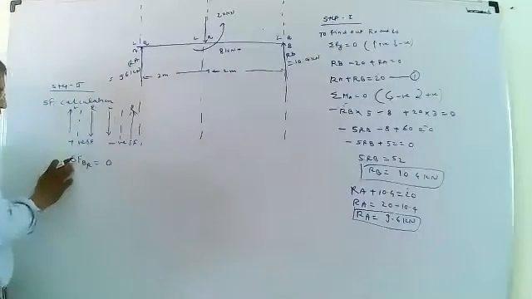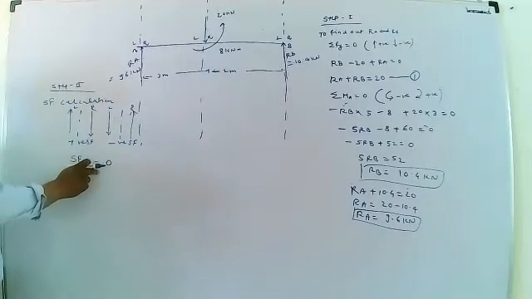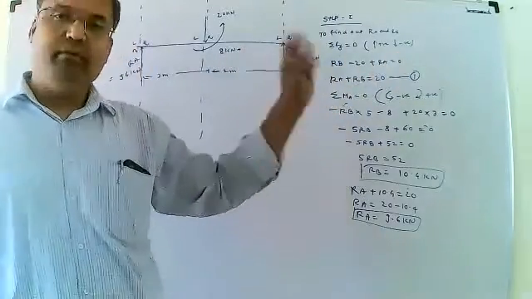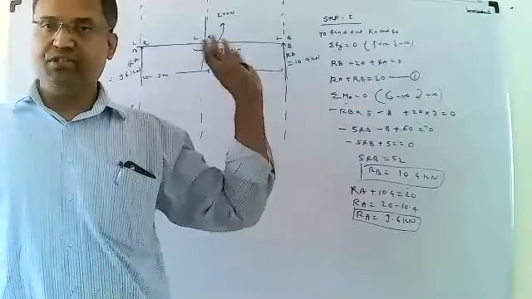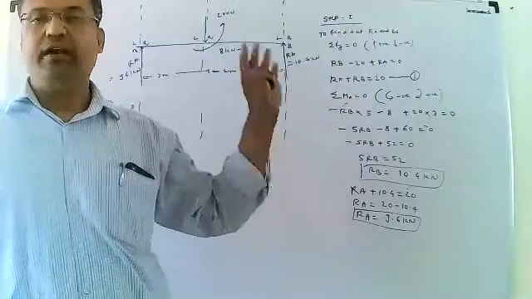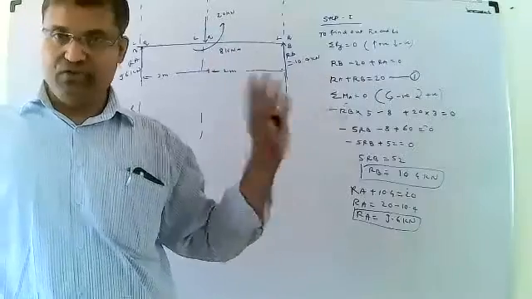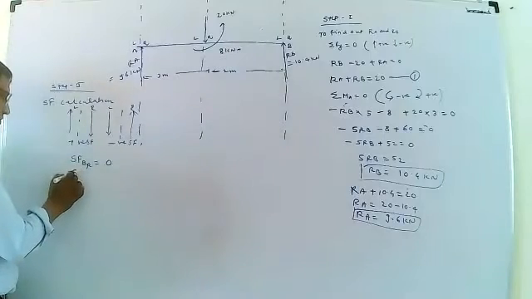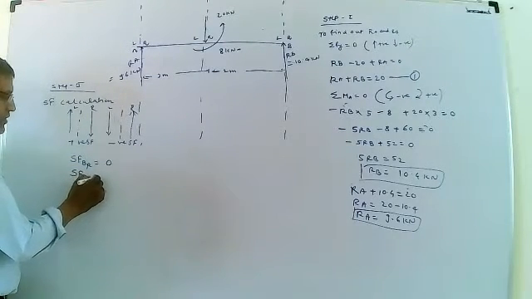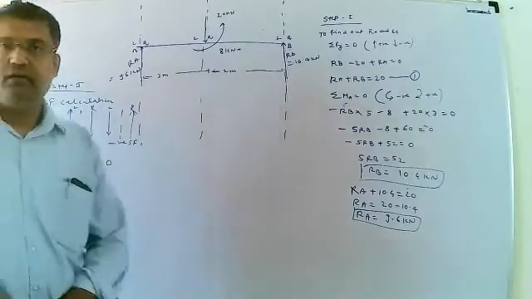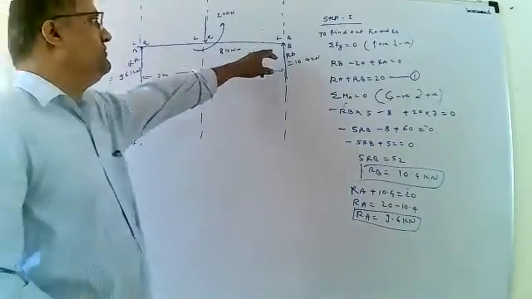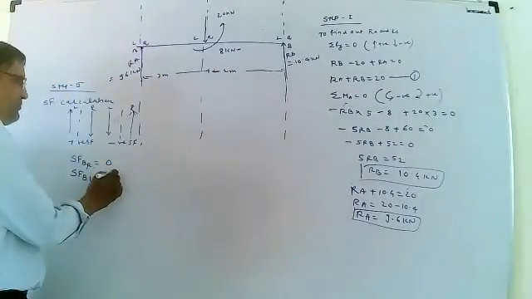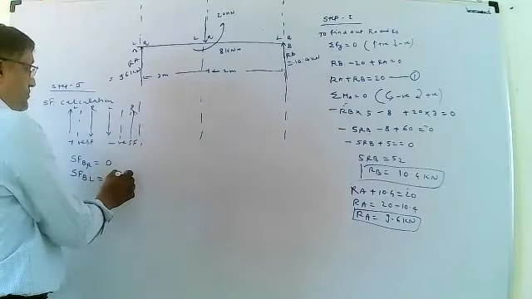Shear force at the point B on the right hand side is equal to 0, because on the right hand side of the beam there is no force. Then shear force at the point B on the left hand side is the reaction, upward force, upward is negative.